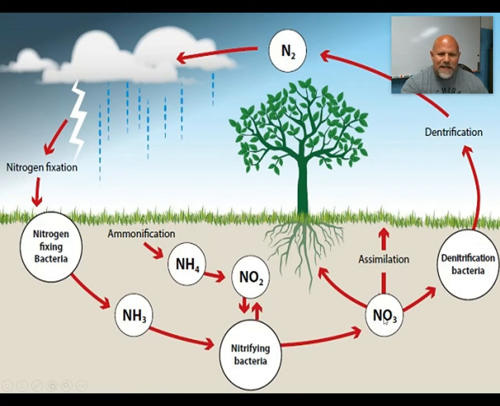It usually gets out of the soil through NO3 being used by plants and becoming parts of proteins, and then denitrification bacteria taking in NO3 and utilizing that, and then releasing N2 into the atmosphere.